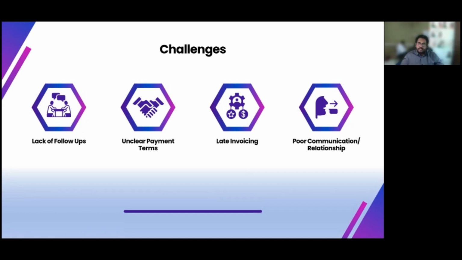Now, the other problem that companies face is unclear payment terms. In day-to-day business activity, some businesses just focus on making the sale. They forget to realize the importance of clear payments. So that leads to the customer coming under the impression, okay, we can pay later, we can pay when we want.